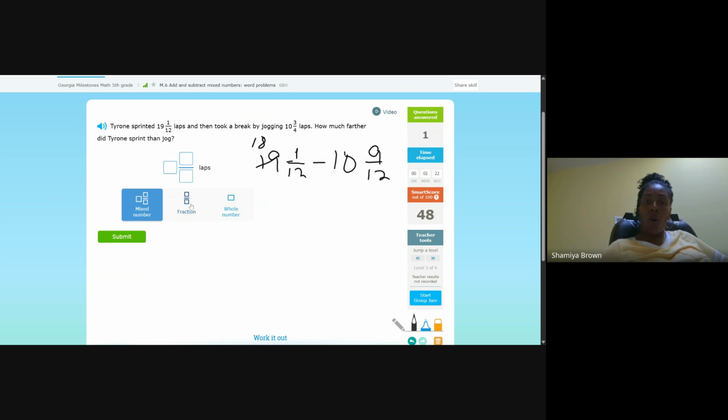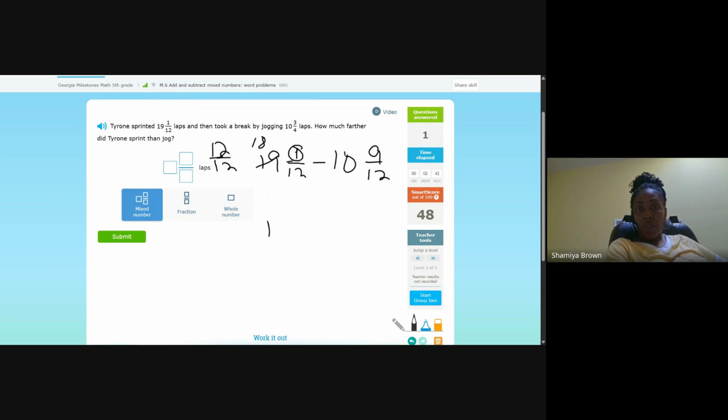So if I have a whole with 12 as the denominator, then my numerator is also going to be 12. So I had 12 twelfths that I took out of this 19. So I'm going to add that 12 numerator to this 1 numerator. So now I'm going to have 13. 12 plus 1 is 13.